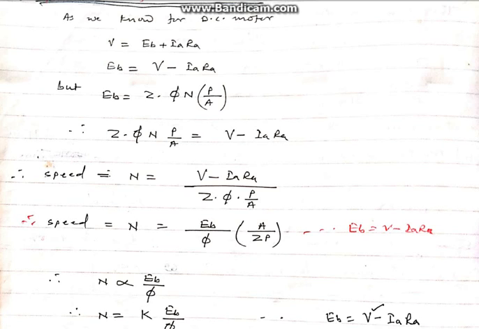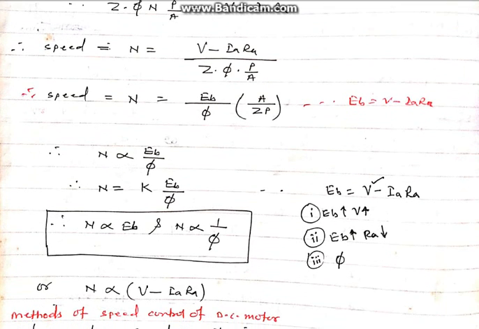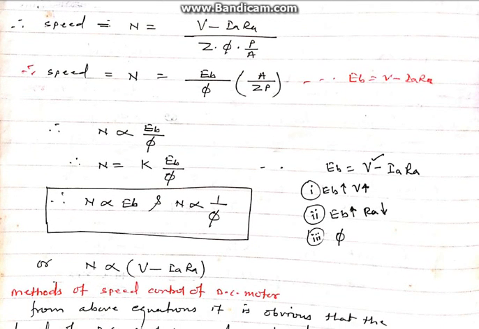That is, N is equal to EB upon phi into A upon Z P, where A upon Z P is a constant quantity once the DC motor is designed. Only the variable quantities are EB and phi. So the speed of DC motor depends upon the back EMF and flux phi.